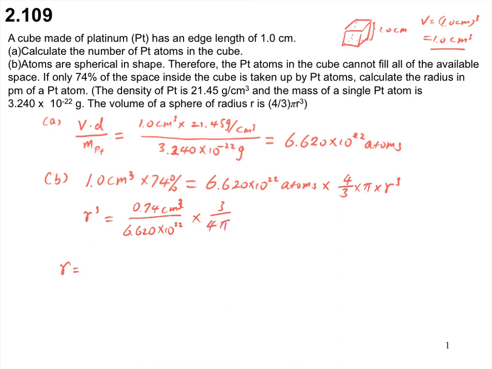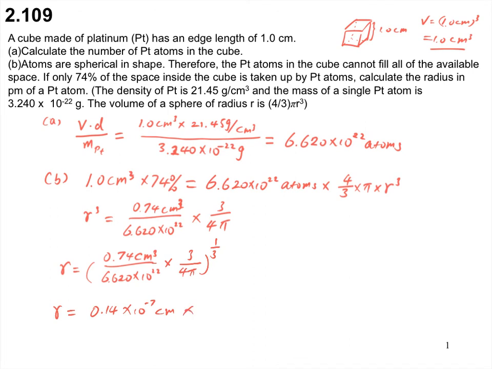For r, it is 0.74 centimeter cubed, again over 6.620 times 10 to the 22nd times 3 over 4 pi, and we take the cube root of this. This leads to r equal to 0.14 times 10 to the -7 centimeter.